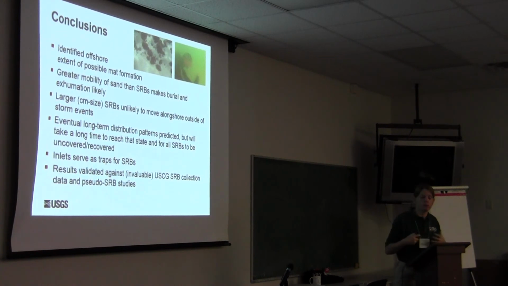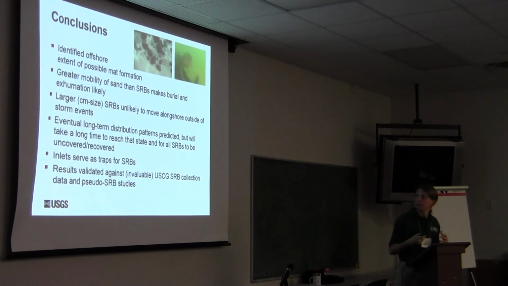So our conclusions: the work we did for the buried oil project was to identify the offshore extent of possible mat formations, so that by identifying where these things could have formed, they could look at changes in the bathymetry and the topography, and identify where they might still be, to focus where to look. The greater mobility of sand than SRBs makes burial and exhumation likely. The larger SRBs are unlikely to move under lower wave energy conditions, but they can move around during storm events.